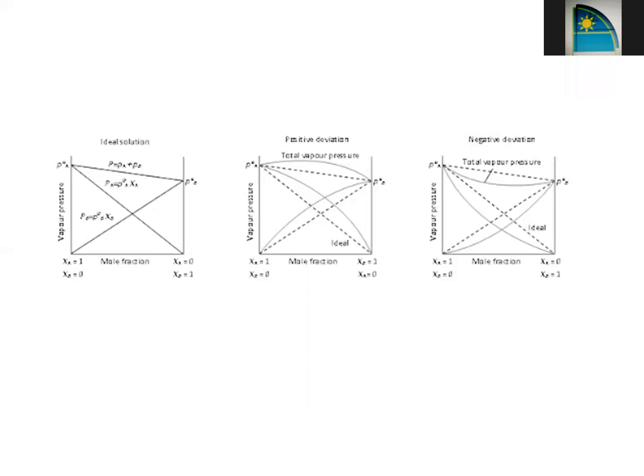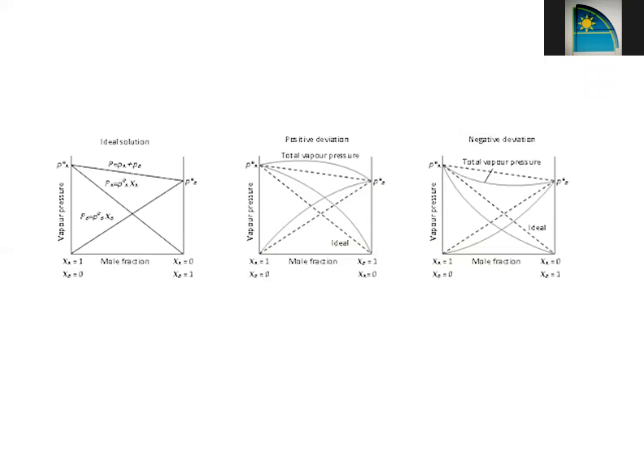In terms of graphs, it is easy to understand. The first graph shows us an ideal solution where the total pressure of the solution will be equal to the sum of the partial pressures of both constituents. But if you see positive deviation from Raoult's law, in that case my total vapor pressure is much more than what I actually anticipated, which is shown by the hyperbolic curve. And the third type is the negative deviation from Raoult's law, which is shown by graph number 3.